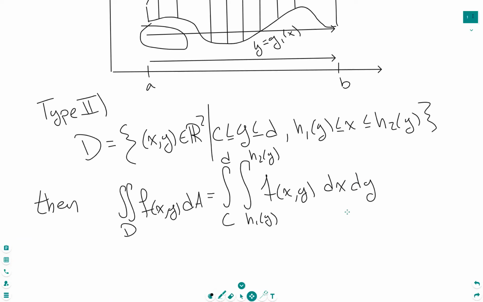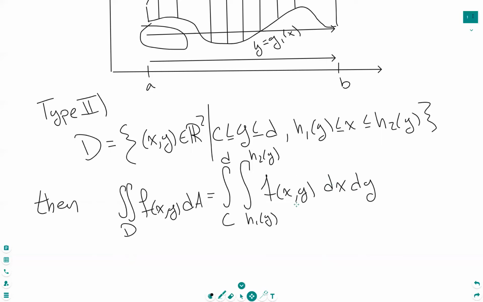So again, let's break down why it has to be this way. If I look at this innermost integral, I'm integrating with respect to x, so I get rid of all of those x's and replace them with functions of y. Then the integrand is just a function of y, and I can integrate with respect to y and get a constant. Perfect. If I do it the other way, it doesn't work.